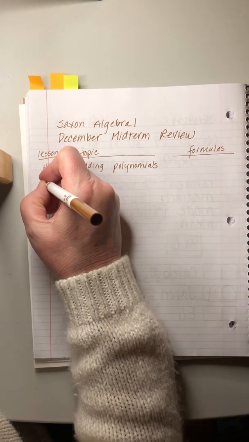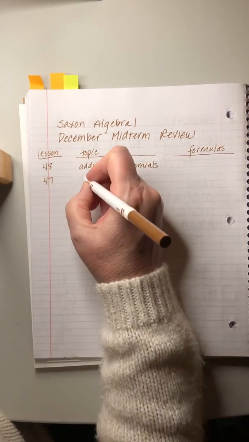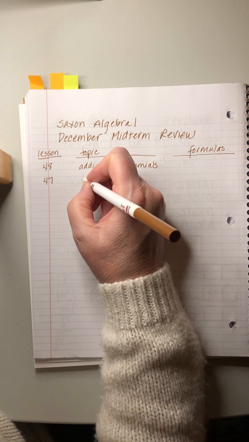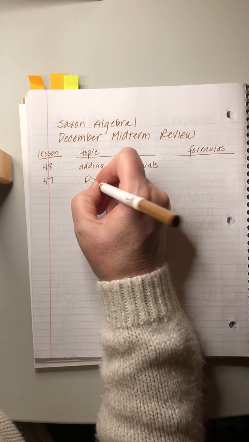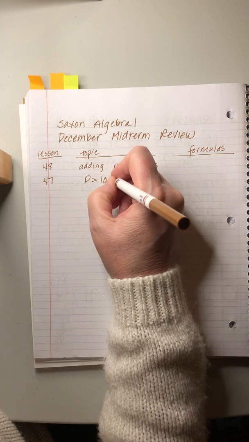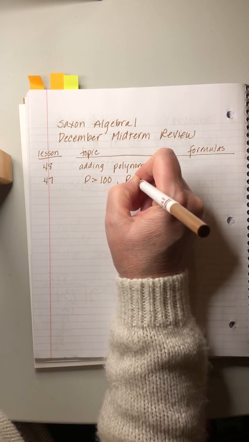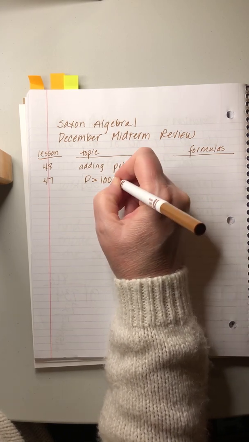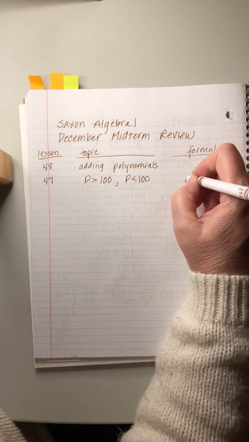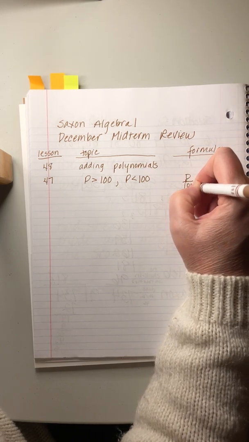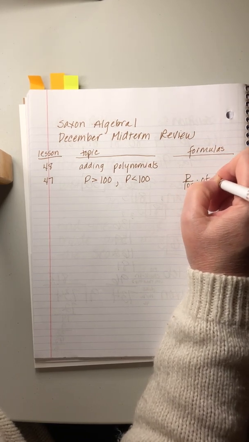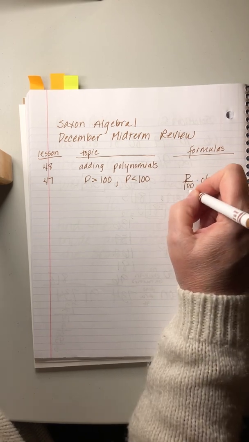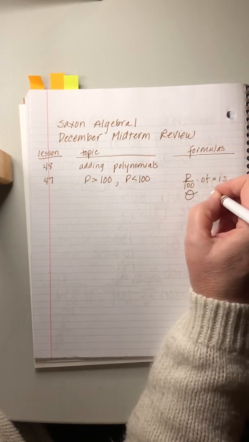47 is a gem. That was a formula. Percents greater than 100 and percents less than 100, right? This P over 100 times of equals is, and then you also need to know this business, right?